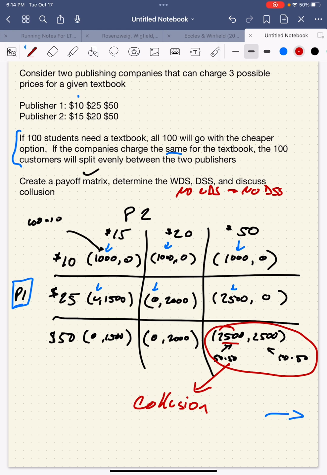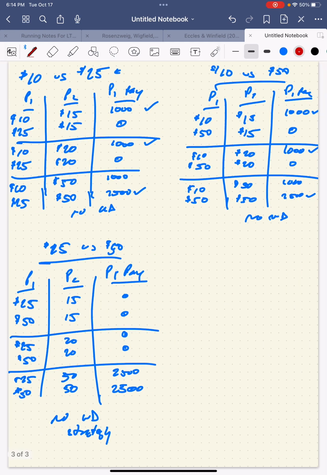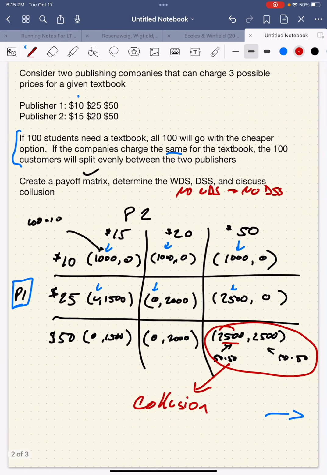So that's how you would tackle a problem like this, noticing that the payoff matrices are the profits from the individual customers. So how much money are you making off of the customers for selling the textbook at a certain price? There is no weak dominant strategy because no one strategy was always better than another, regardless of how the other player was going to play. And that meant that there was no dominant strategy solution.